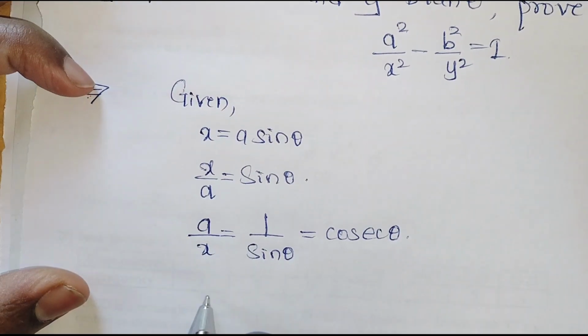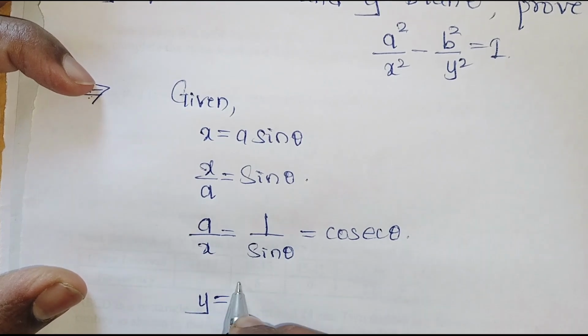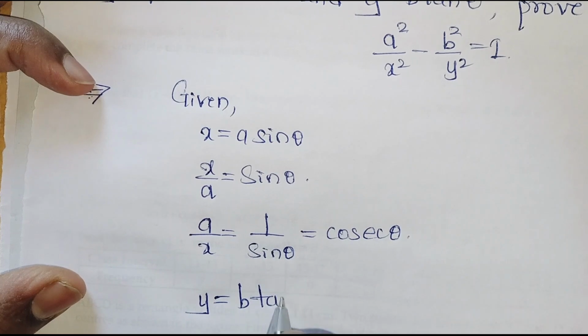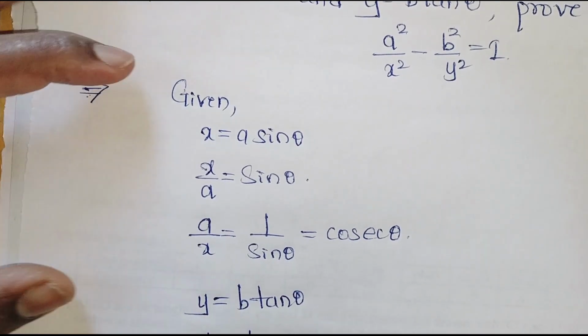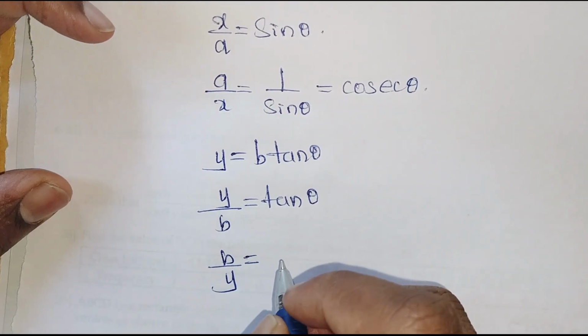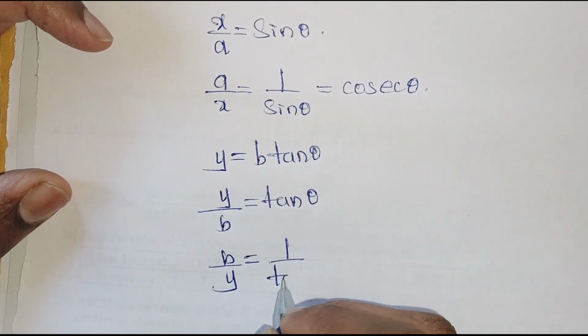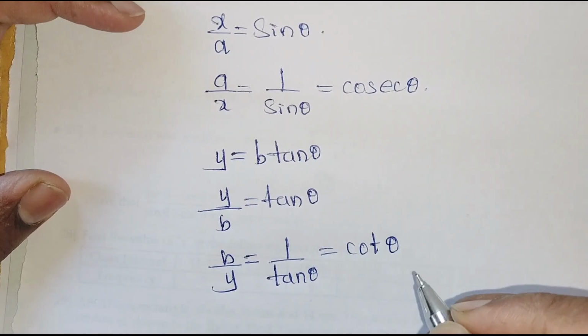Okay. And y equals b tan theta, and y by b is tan theta, and b by y becomes 1 by tan theta, and that is cot theta.